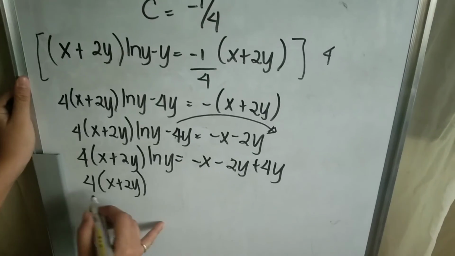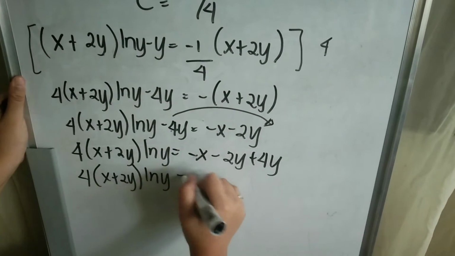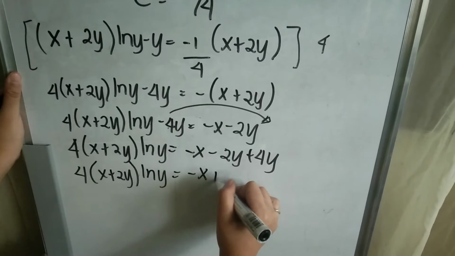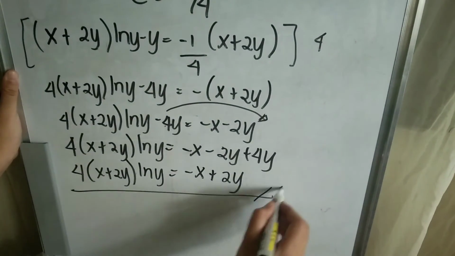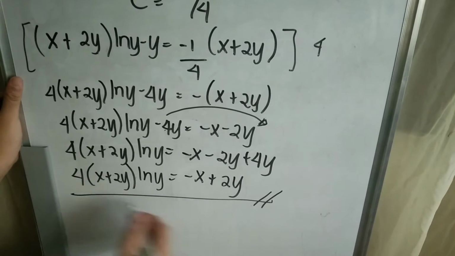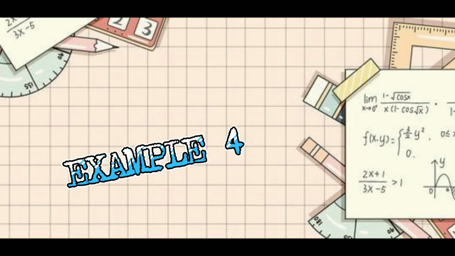So 4 times (x plus 2y) ln y is equal to negative x plus 2y. So this is now our final answer, the particular solution.